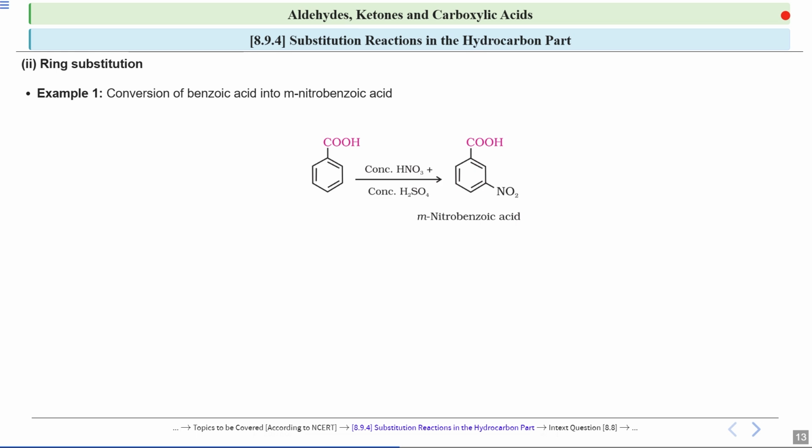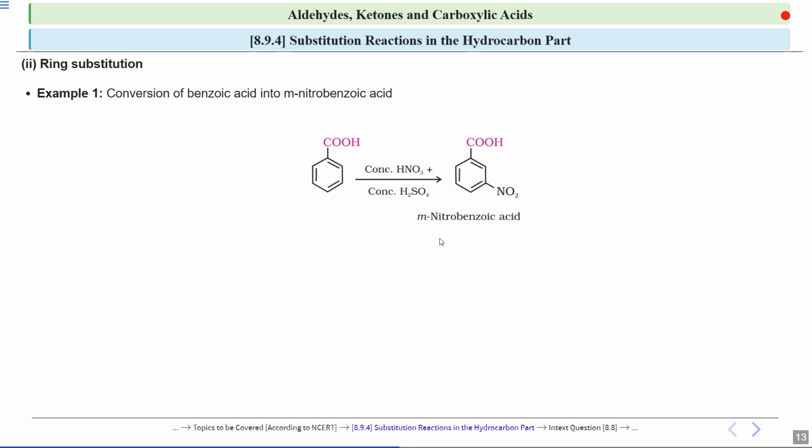Now we are going to look at the examples. First example is converting benzoic acid into meta-nitrobenzoic acid. So when you treat benzoic acid with concentrated nitric acid, which is HNO3, and sulfuric acid, which is H2SO4, you get meta-nitrobenzoic acid.